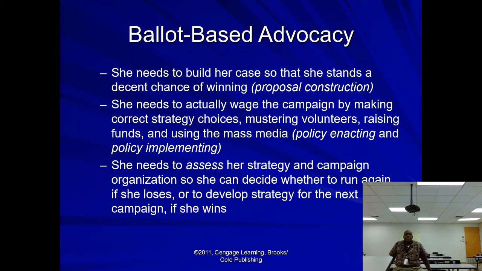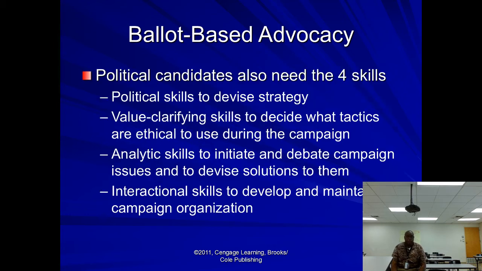She needs to assess her strategy and campaign organization so she can decide whether to run again if she loses or to develop strategy for the next campaign if she wins. That is evaluation.